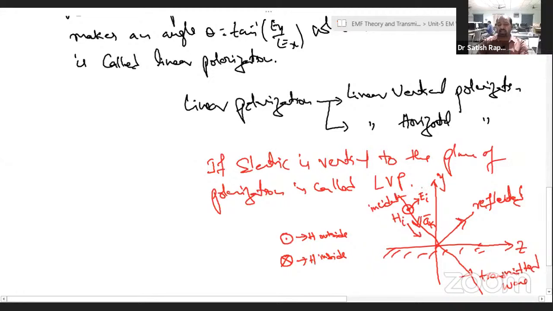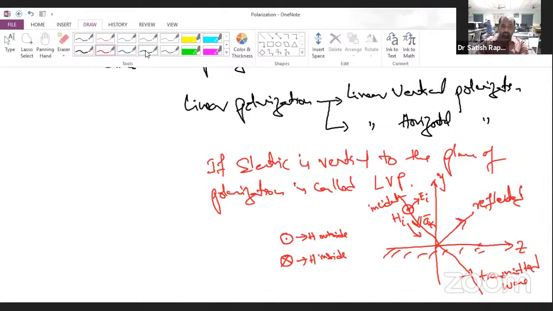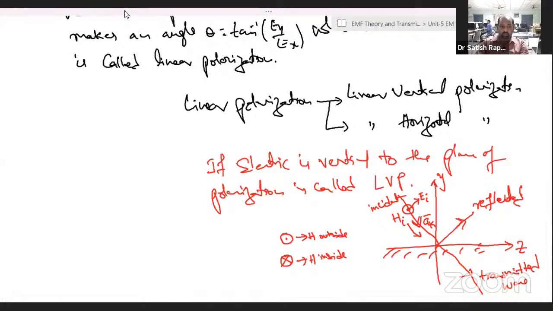In this case, the electric field and the plane, see here, this is the plane in the background.